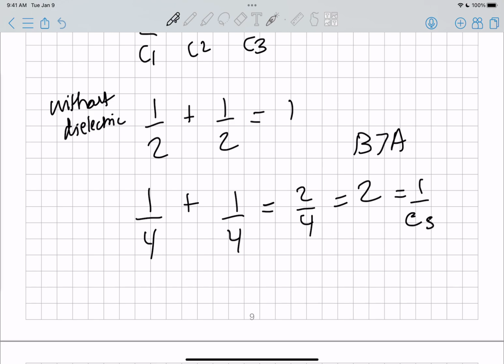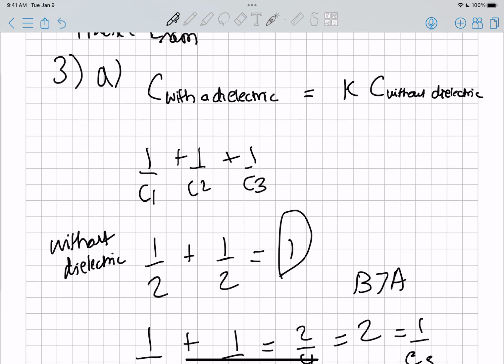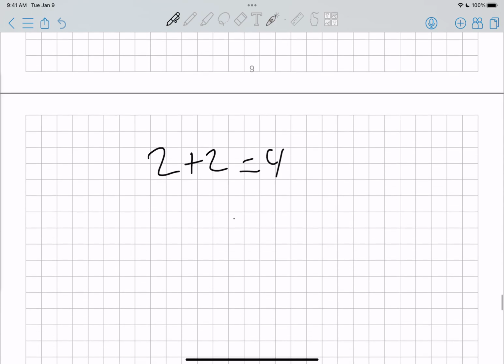For parallel resistors, you add up the reciprocal, but you do the opposite for capacitors. For parallel capacitors, you add them up normally, so instead of 1/2 plus 1/2, we would do 2 plus 2, and that's 4 instead of 1. So C and D are greater than B and A.